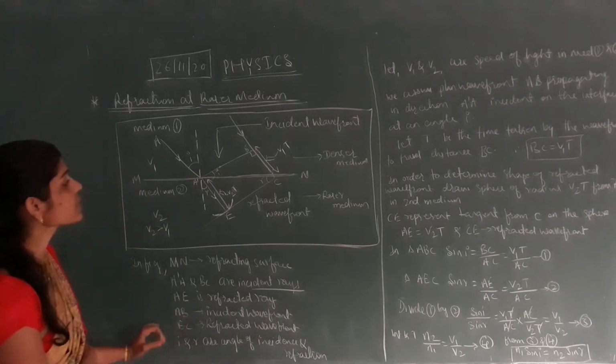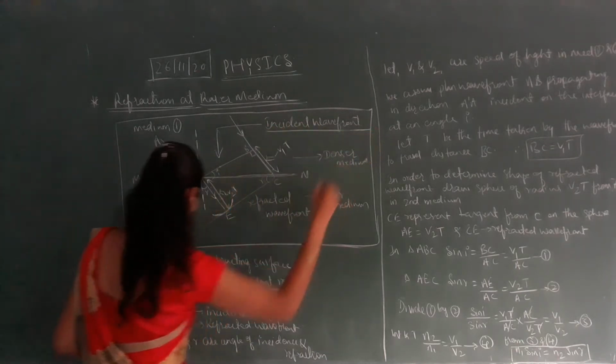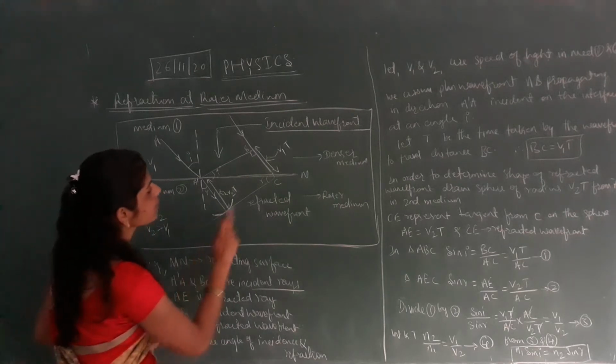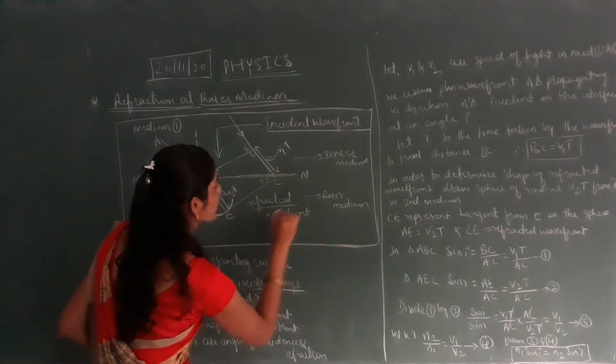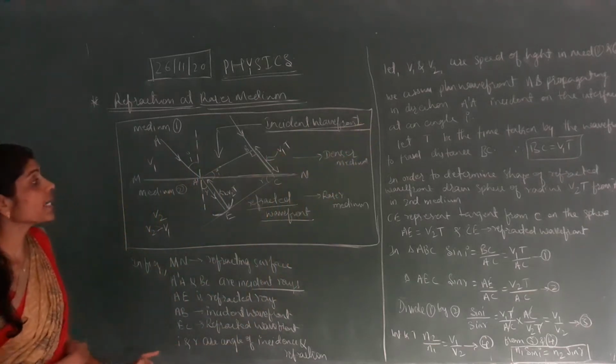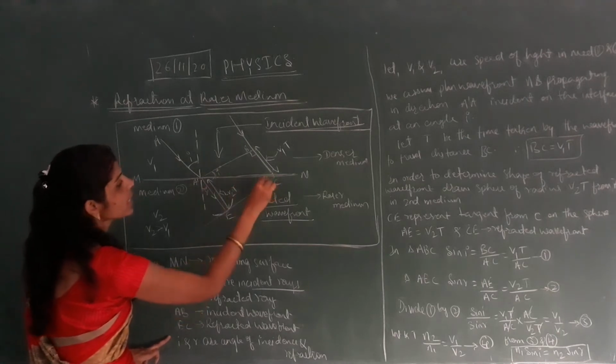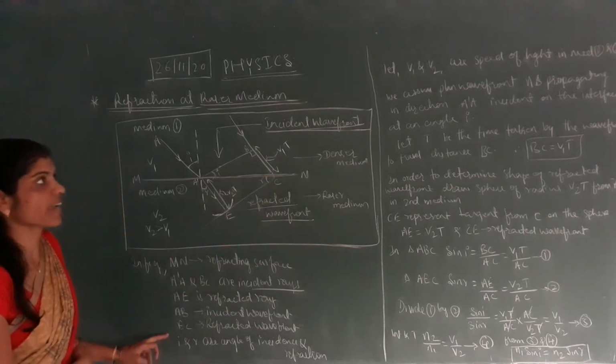AB is the incident wavefront, and CE is the refracted wavefront shown here. Here I is the angle of incidence and R is the angle of refraction.